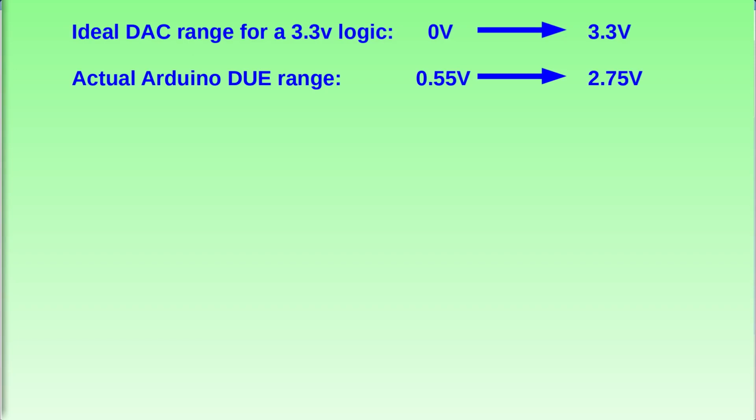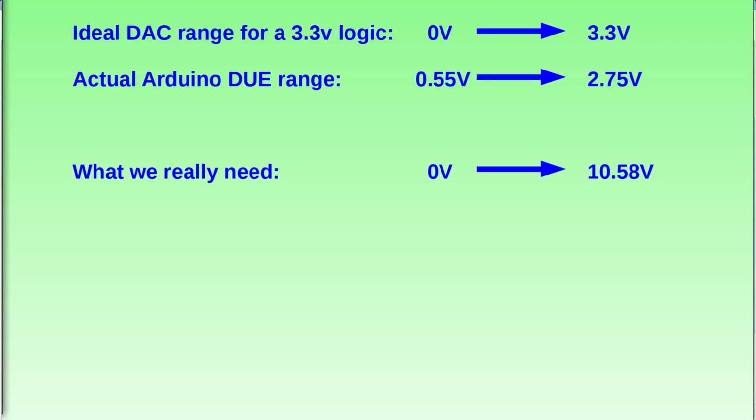What we need instead is a range, really, that goes from 0V to 10.58V to be able to use the full range of notes made available by the MIDI protocol. So, to be able to use the Arduino internal DACs, we need to move the lower end of the range from 0.55V to 0V, and then we need to amplify the signal to translate the upper end to 10.58V.